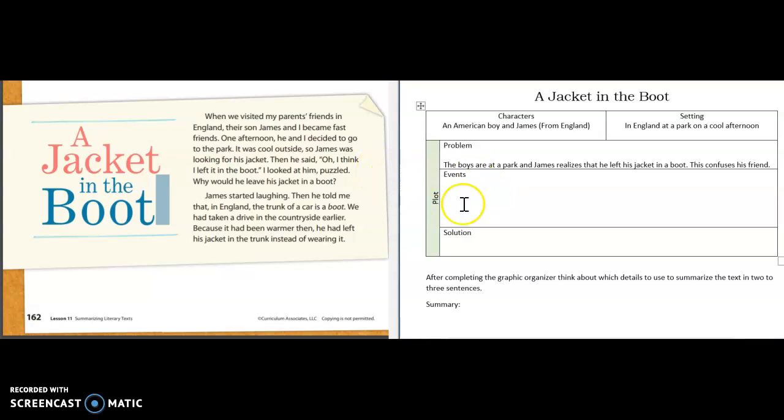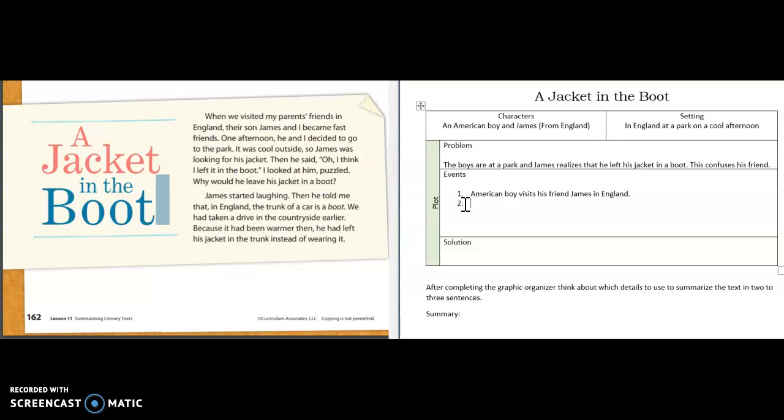So now let's talk about some of these main events that happened. Well, we know that in the beginning, the American boy visits his friend James in England. Next, we know they go to the park.